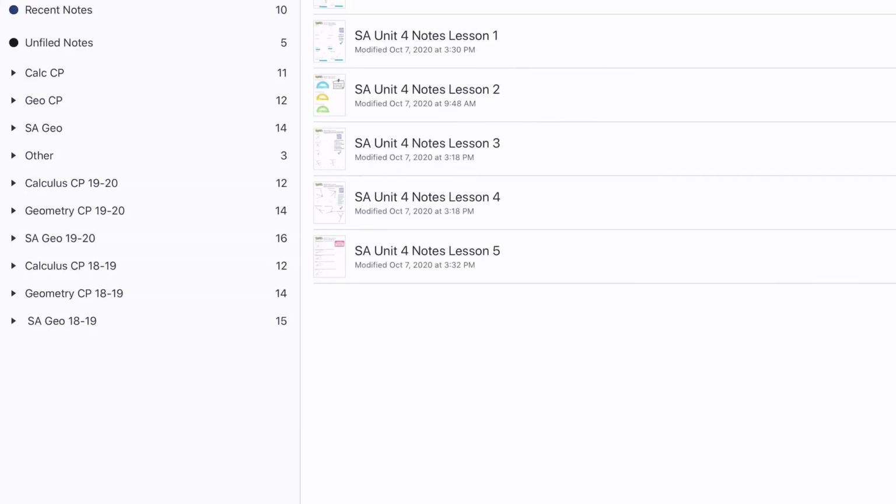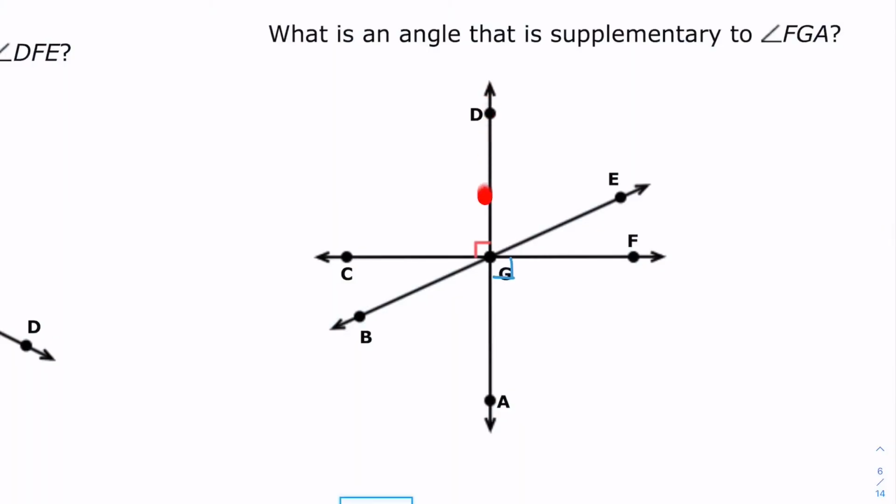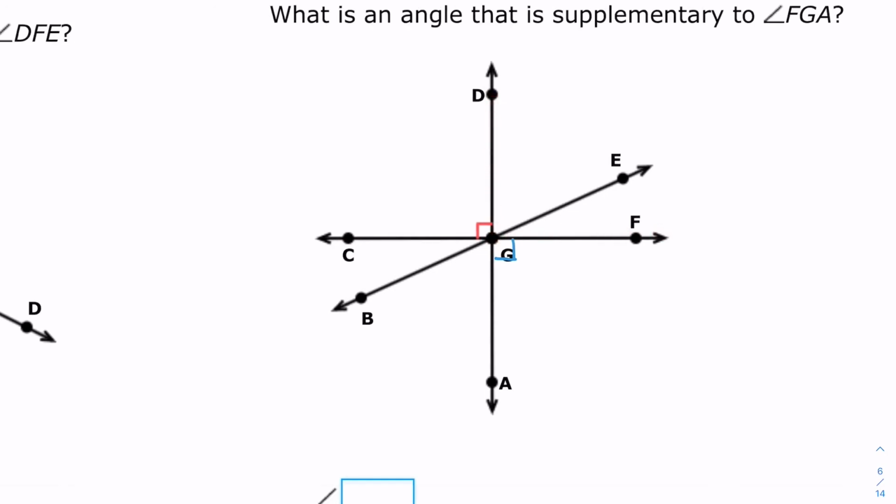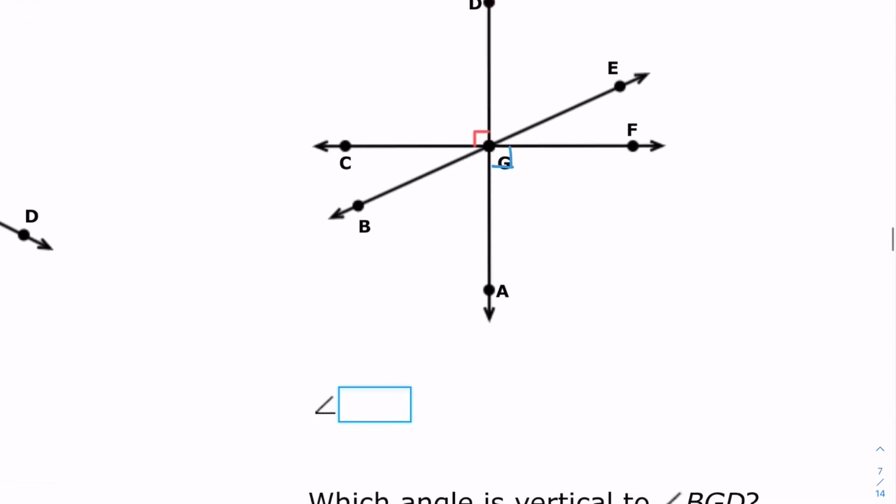Okay, let's try that again. So I can do this angle here, DGC, because AGF is 90, so is DGC. That would make a total of 180. Or I can do this one, DGF, or I can do CGA. So I'm gonna do DGF. Why not? That can be my answer. Any combination of two angles.